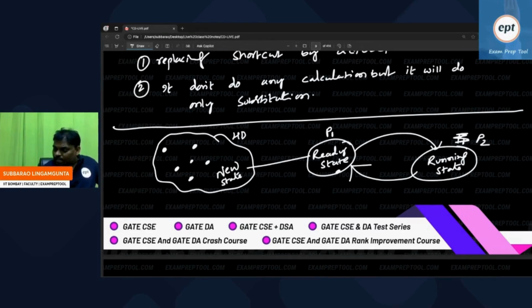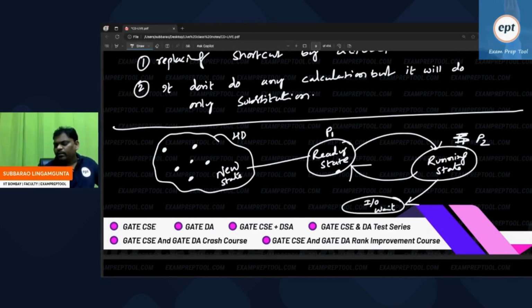Now some people are saying, sir, whenever P2 is running, let us assume some interrupt comes. Maybe input is required, maybe a printer, some IO devices required. This is called IO wait. You need not write this; it will come in the operating system.